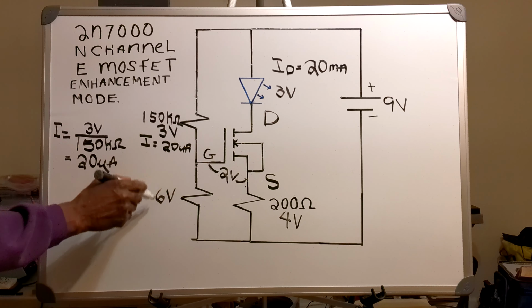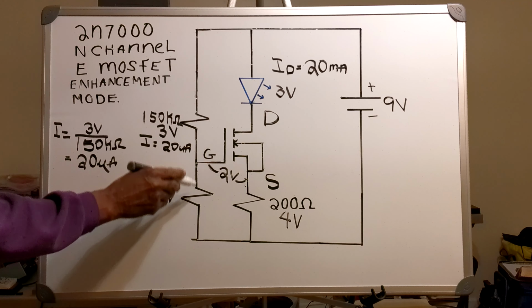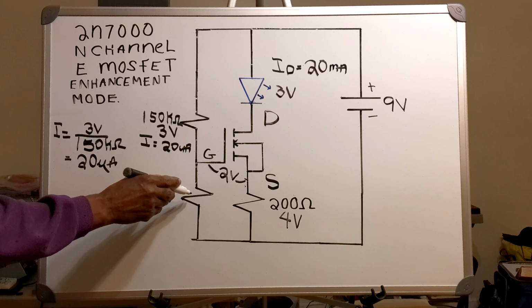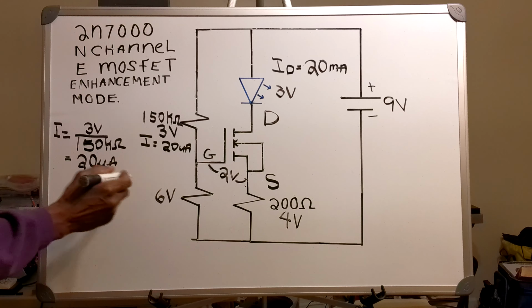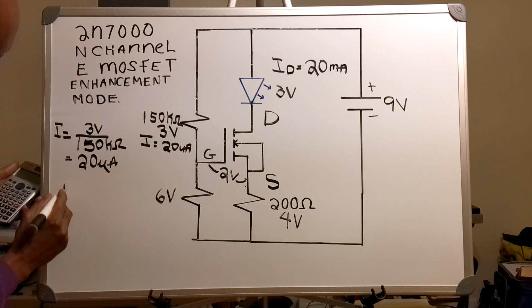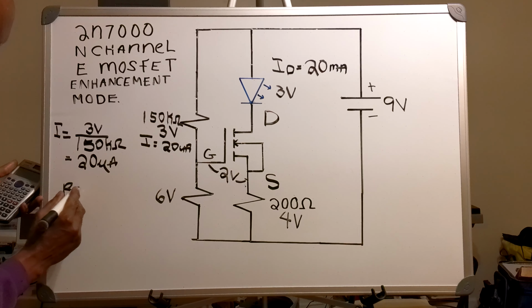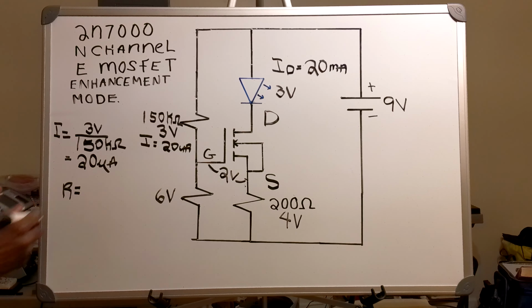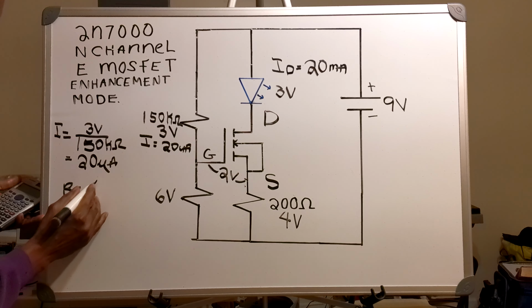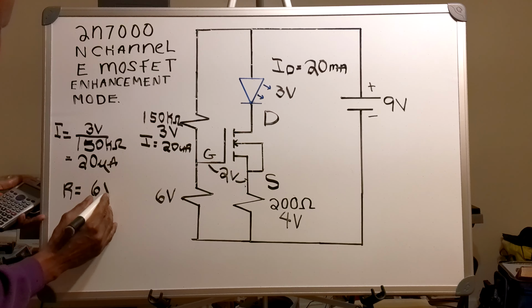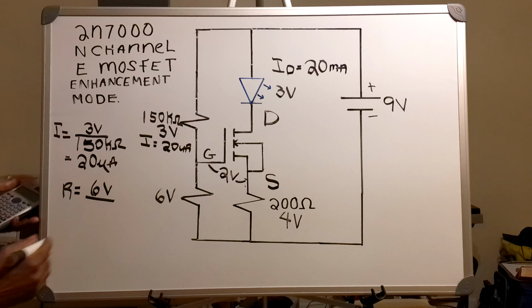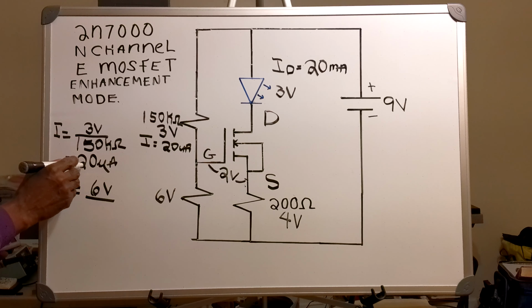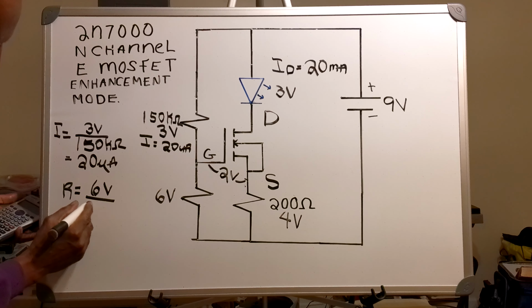So, in order for me to find the value of this resistor, I'm going to call it R. And I take my 6 volts and I divide that by 20 microamps.